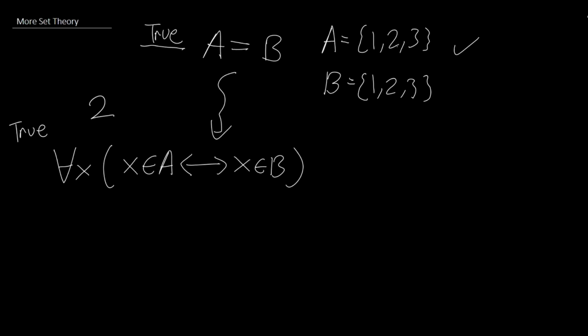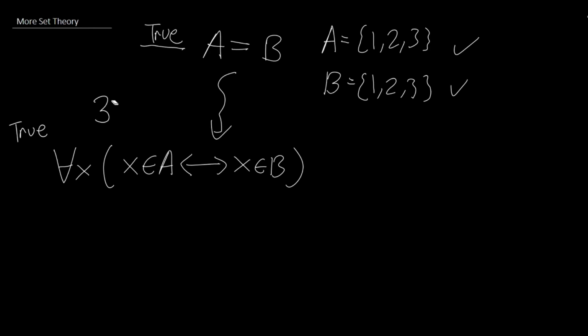The number 2 is in A, so it should also be in B. That's a check. And the number 2 is in B, so it should also be in A. So that's a check mark there as well. So both directions are satisfied. So that works as well. And it's obvious that it also works for the number 3.